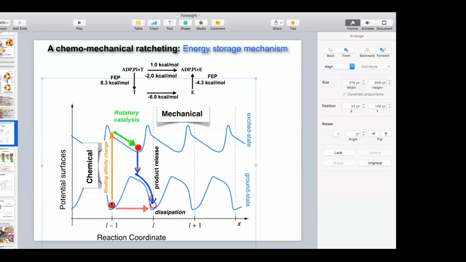And the directionality arises from one thing and one thing only. And that is that when the active site is unoccupied, if you have a lot of ATP, it is more likely to bind ATP than it is to bind ADP.